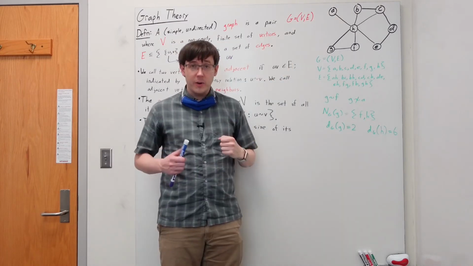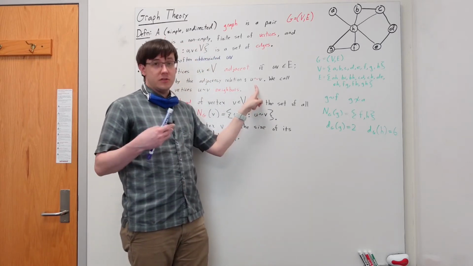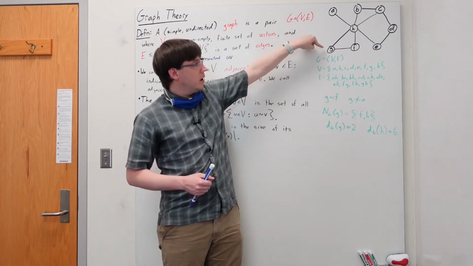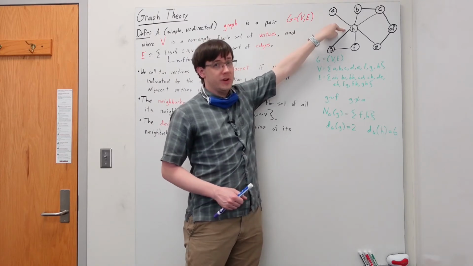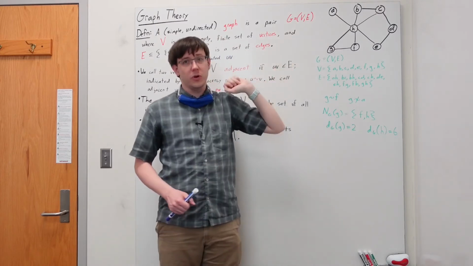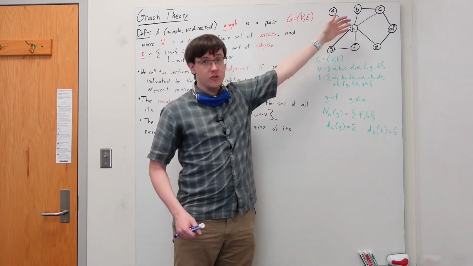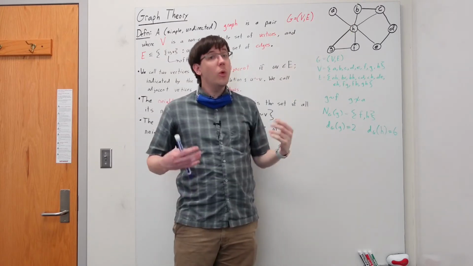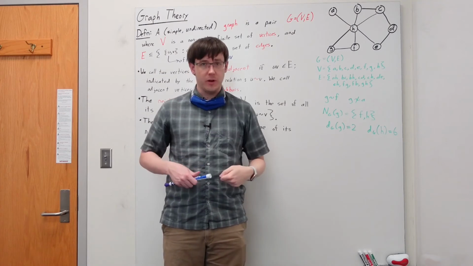So in an undirected graph, our adjacency relation is symmetric, whereas on Twitter, it would be possible for person G to follow person H, but person H to not follow person G. And so we would have a directed relationship where the pair GH would be an edge in the graph, but HG would not be in the graph.